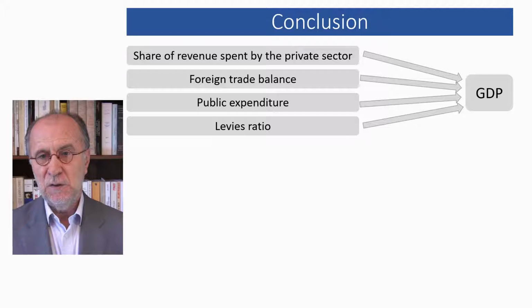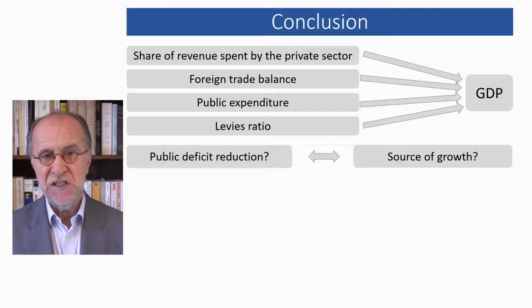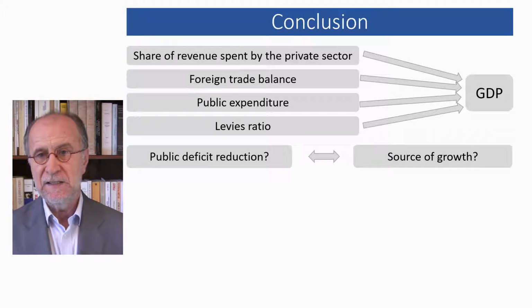The second conclusion is that the impact of growth on the public deficit depends on the source of that growth. Changes in the 2 non-public balance ratios, for instance, directly affect both growth and the public balance ratio.